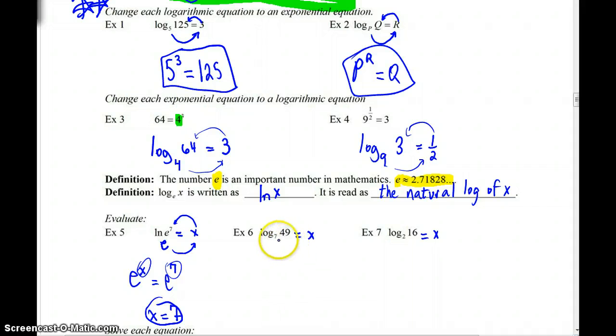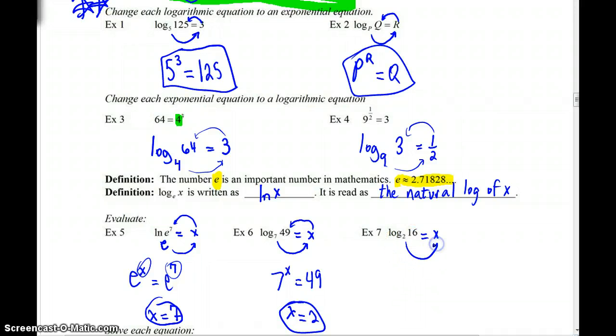Look over here at number 6. 7 raised to the x is equal to 49. Make that log circle. You would be asked then, what power would this have to be? 7 to what power is 49? Well, hopefully without too much work, you eventually would get 2.